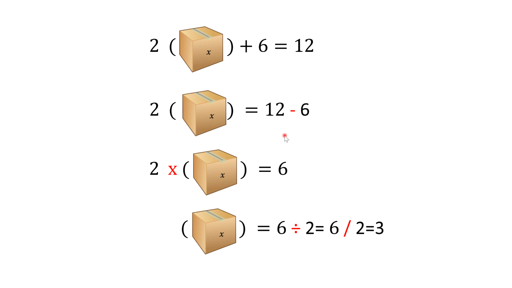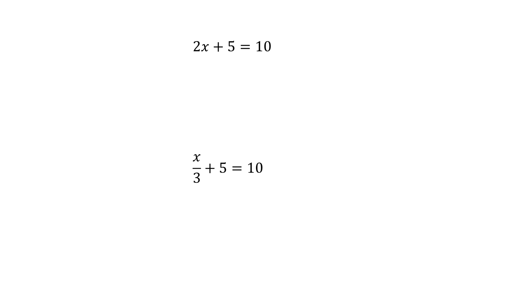All right, now let's solve 2 quick examples. The first example is of the type we just solved, 2x plus 5 equals 10. First, I'm going to take this 5 to this side, and then I will take the 2 to this side. So if I take 5 to the other side, I get 2x equals 10 minus 5 equals 5.